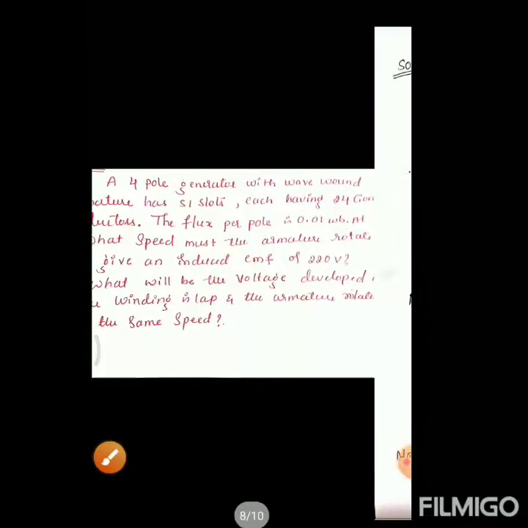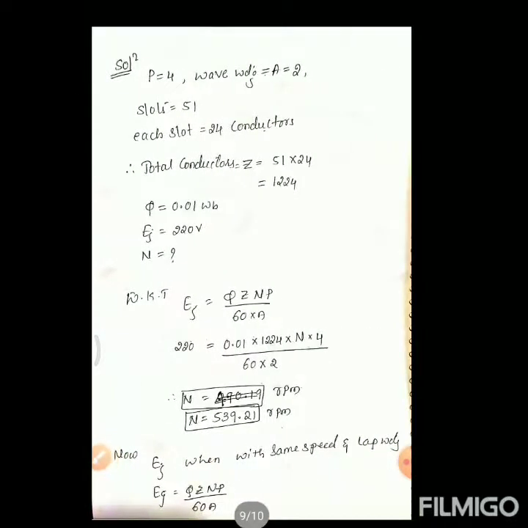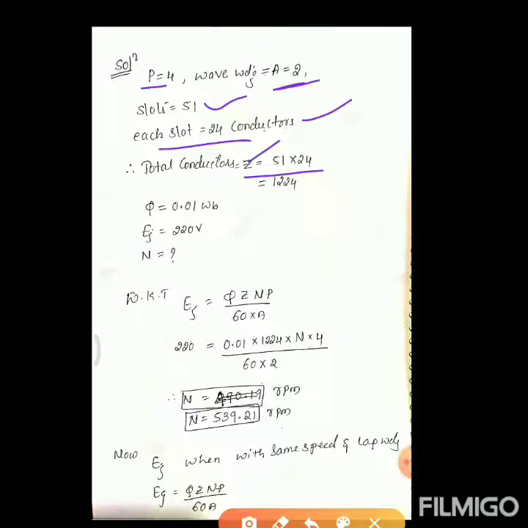Let's calculate the numerical. What they have given: the number of poles is 4 and a wave winding, so A is equal to 2, to calculate the speed. The number of slots is 51, and each slot consists of 24 conductors, therefore the total conductors will be the number of slots into the conductors in each slot, which comes to 1224. Flux they have given, E they have given, N we need to calculate.